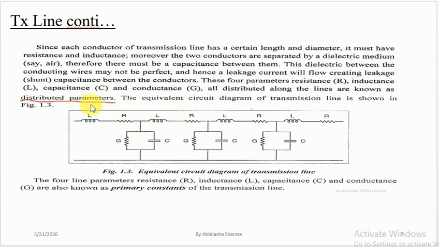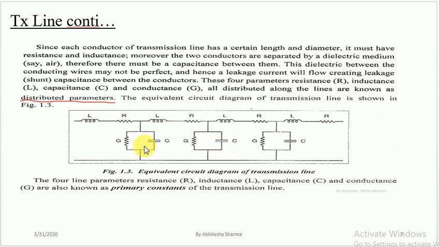Due to this, inductive behavior happens inside the transmission line, and because of distortion, some part of the current is restricted, so it behaves like a resistance. So these parameters are distributed inside the transmission line, but physically there is no resistor, inductor or capacitor.